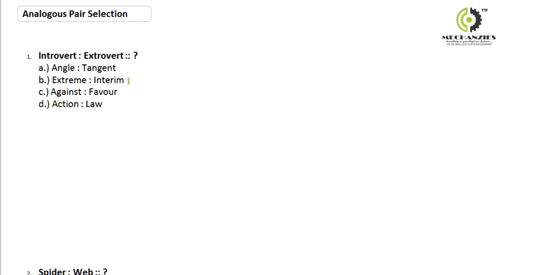Like here, introvert is the antonym of extrovert, so we have to find the same logic pair from these four options.